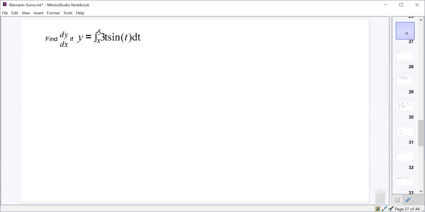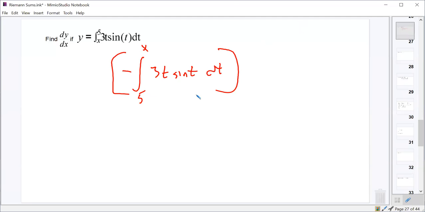What do we need to do with that one? Yeah, just use the fact that we can make this the opposite of the integral from 5 to x of 3t sine of t dt. And then we're taking the derivative with respect to x of that, which should become negative 3x sine x. I think I finally did that one right, huh?